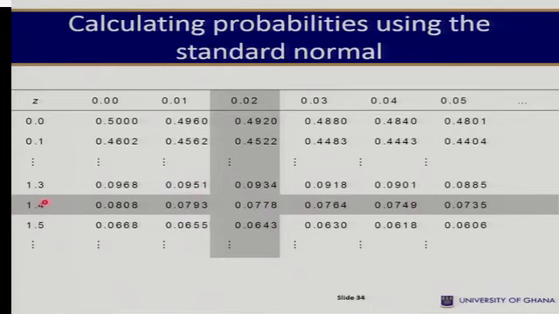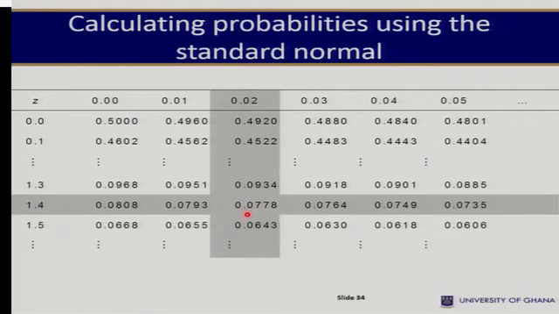So for 1.42, you have to look at the extreme left column, which is the z column, and find your 1.4. But it is 1.42, so you pick your 1.4, and then the remainder of the decimal places is 0.02. So it's 1.4 here and 0.02. The intersection is 0.0778.